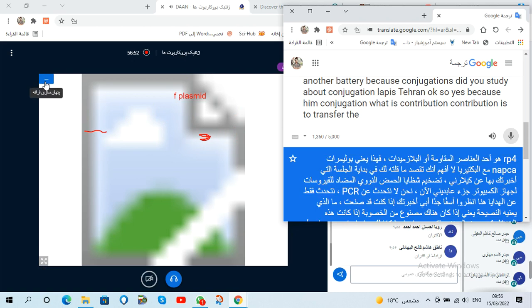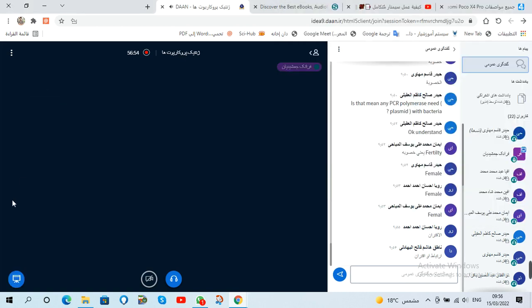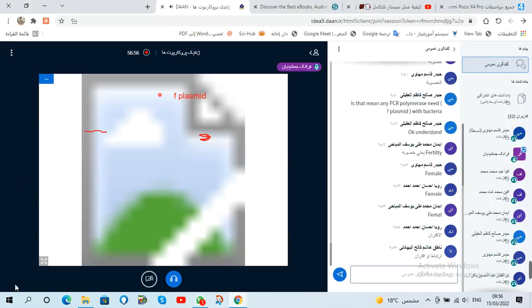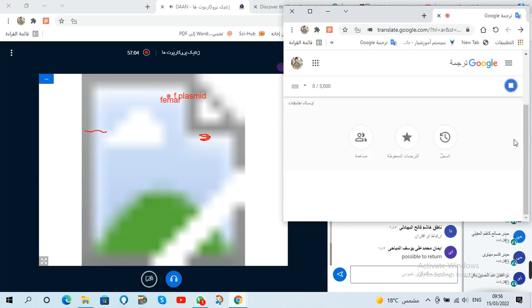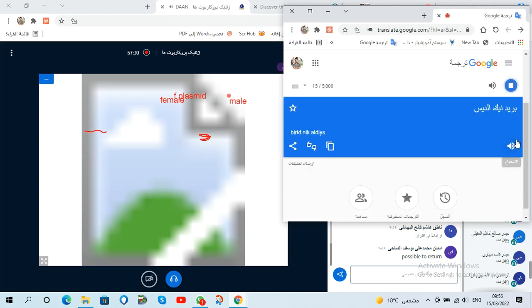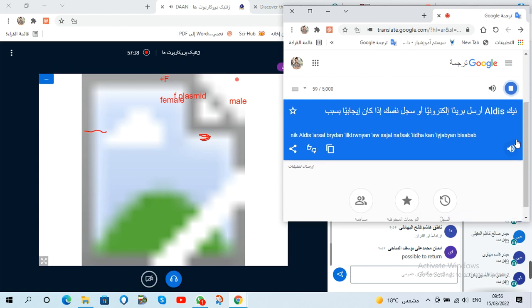We call this one the F cell, or male. We call this cell F positive, and this cell F negative.